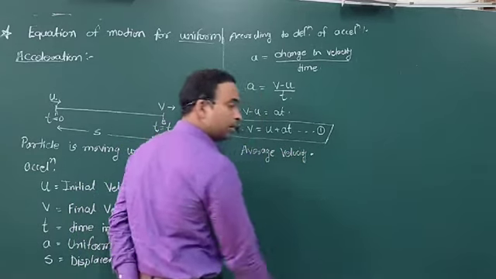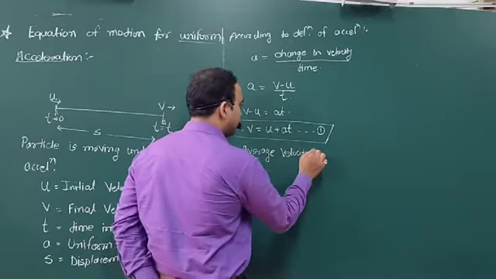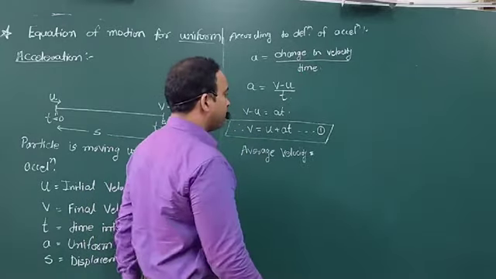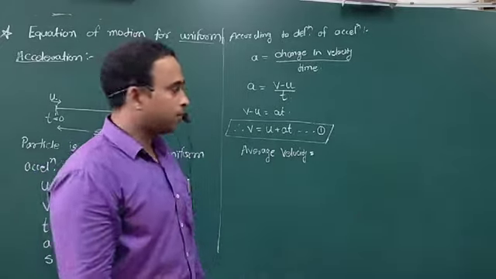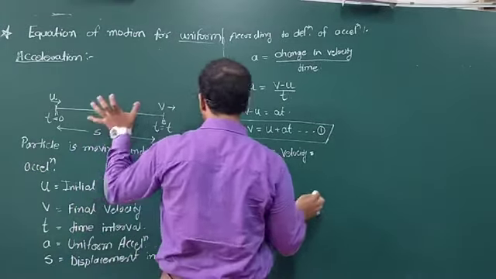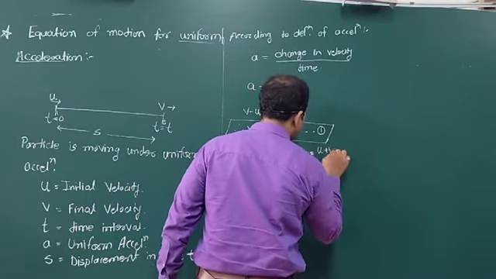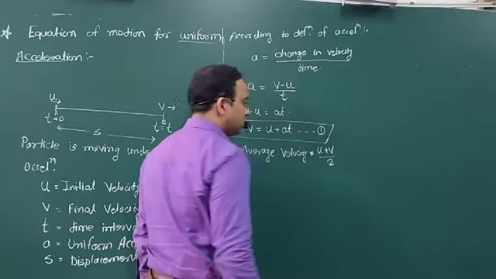Average means mean. So mean can be defined by the sum of all quantities divided by the total number of quantities. So average velocity means u plus v divided by 2.